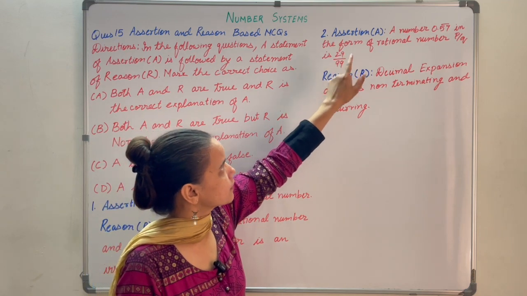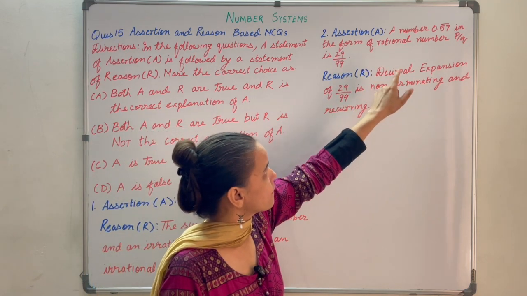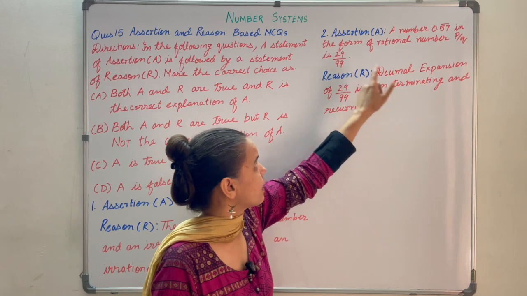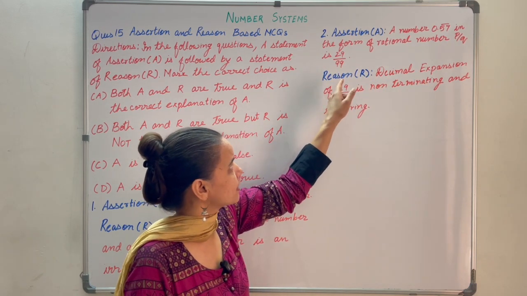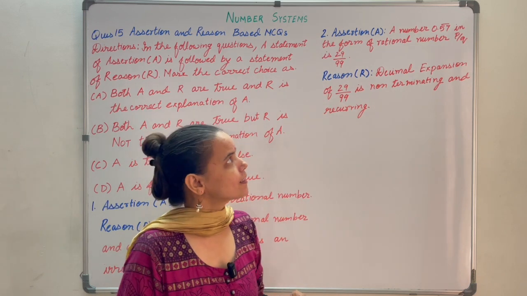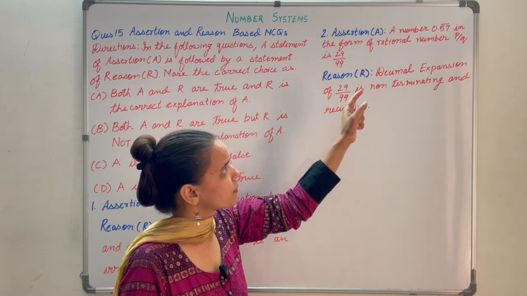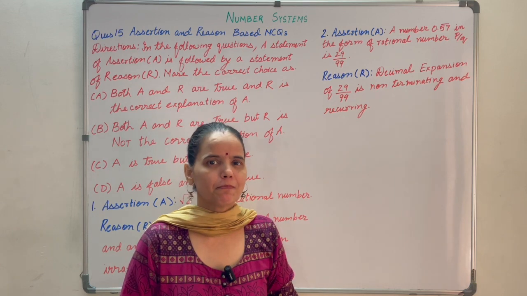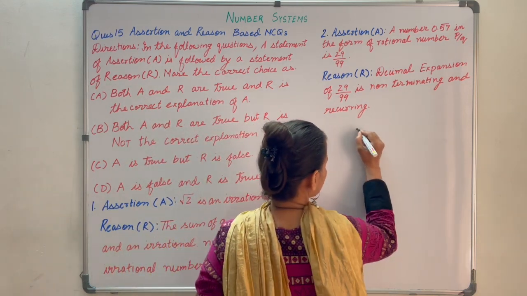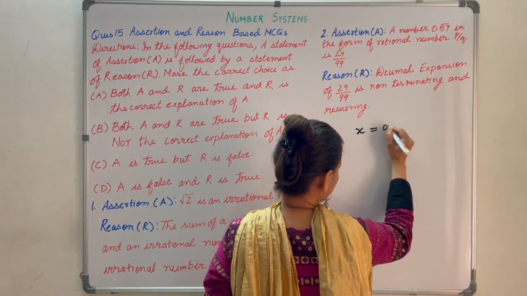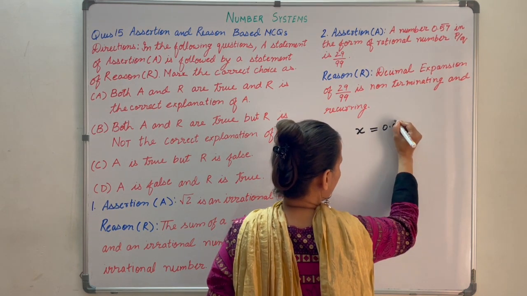Here the first statement is: the number 0.57 bar in the form of rational number p by q is 29 upon 99. So let us find out the rational number which represents 0.57 bar. Let us assume it to be x. So x is equal to 0.57 bar.